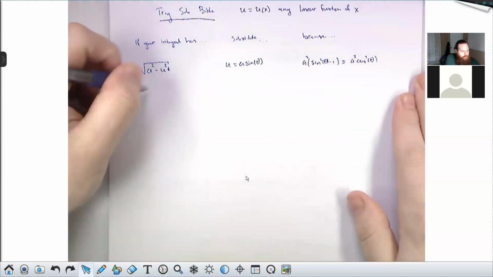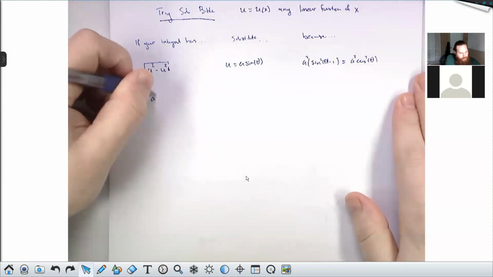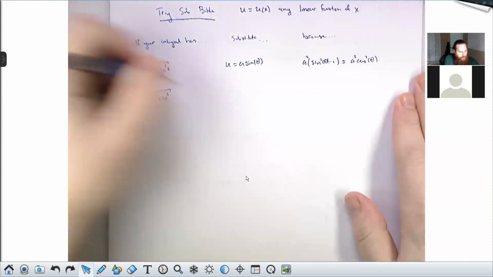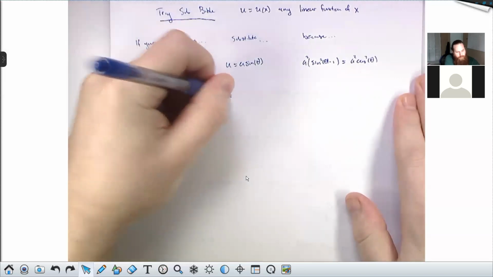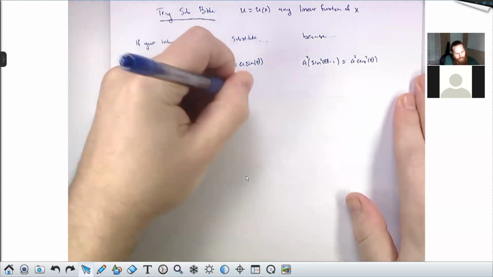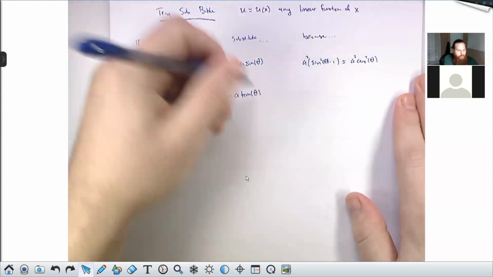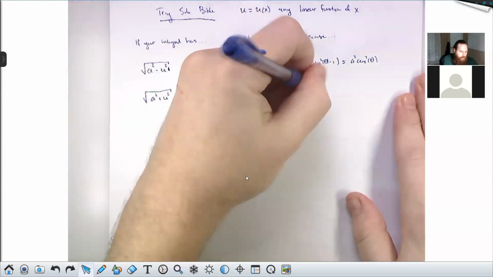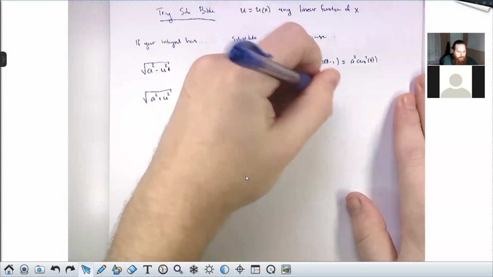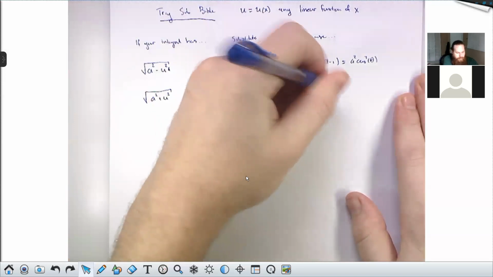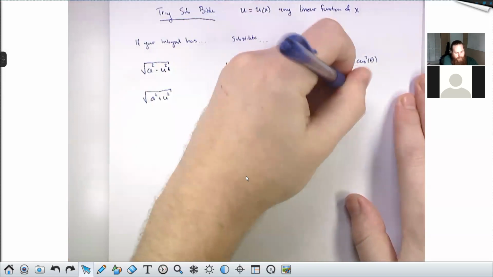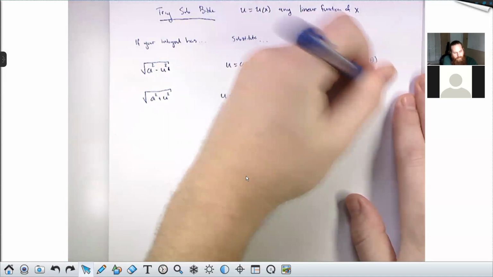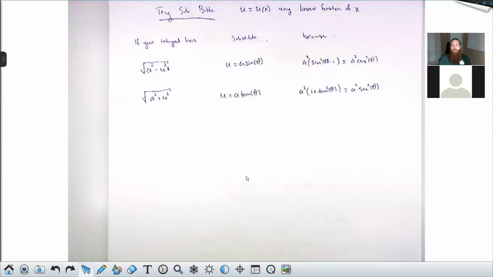If your integral has a square root of a squared plus u squared, then you should substitute u equals a tan theta, because a squared times 1 plus tan squared theta is a squared secant squared theta. Again, whose square root is nice.